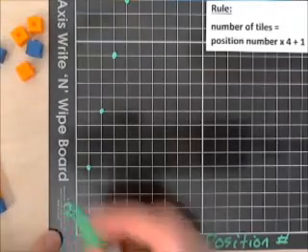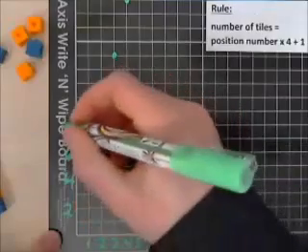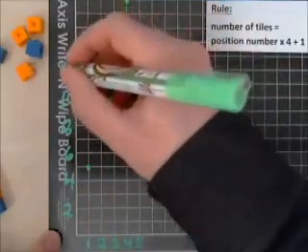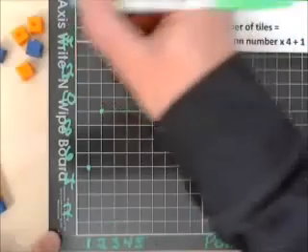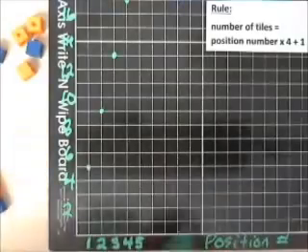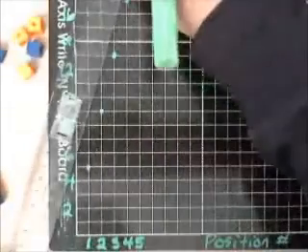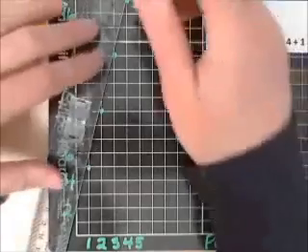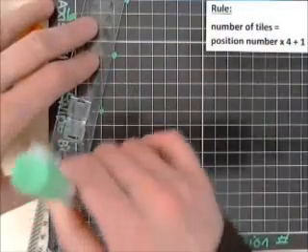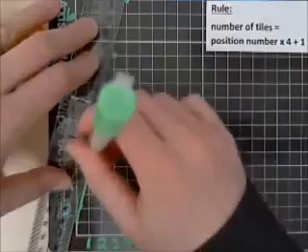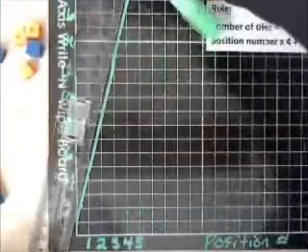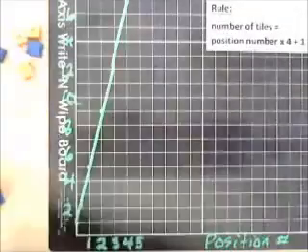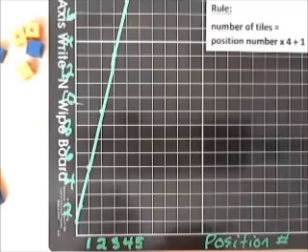I'm going to go up by 2s. 2, 4, 6, 8, 10, 12, 14, 16. And then using my ruler, I'm going to very carefully draw a nice straight line here through my points. And there we are. My graphical representation of the rule that the number of tiles is position number times 4.